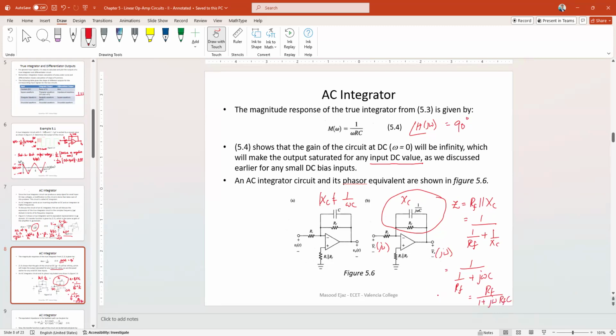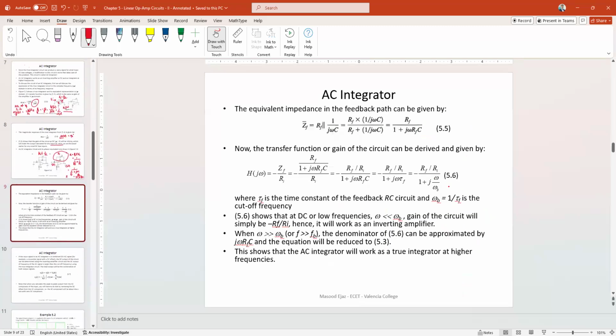That is the parallel combination of these two components, which you can see in equation 5.5.